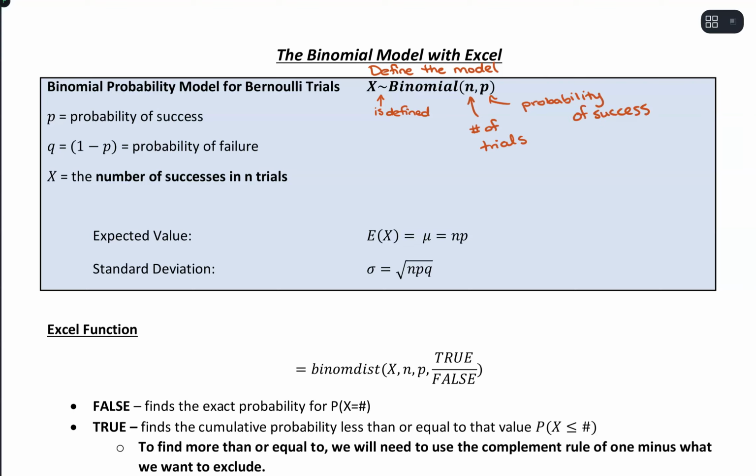Again, with success and failure, it's not necessarily that positive or negative connotation that the English language has on them. Success is the idea that it matches up with what we're looking for, versus failure, which is not what we're looking for. So you might come across an example with microchips, where you're looking for microchips that are not working, and there's a 3% chance that a microchip does not work.